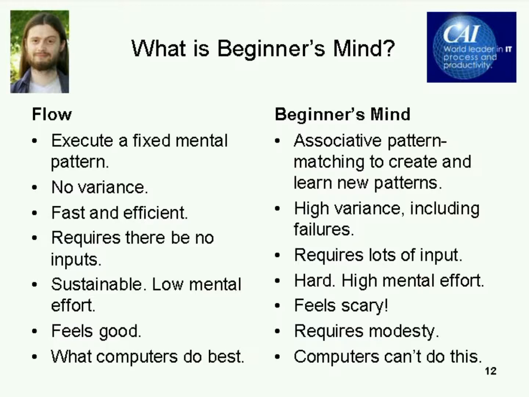And there will actually not be that much variance in the solutions that people come up with. It's very, very fast, very, very efficient, and it's very, very sustainable. There's actually not that much mental effort. It feels good to do it. But it requires that there be no inputs, and it doesn't have to allow for a lot of variation.